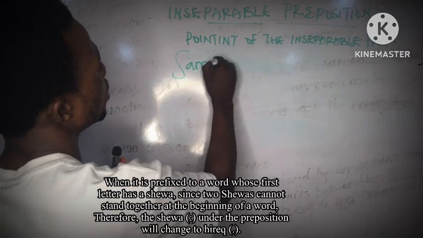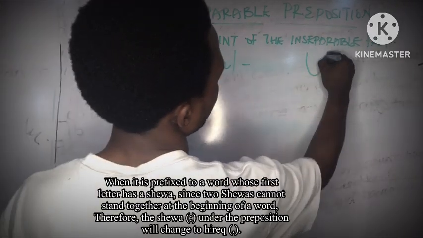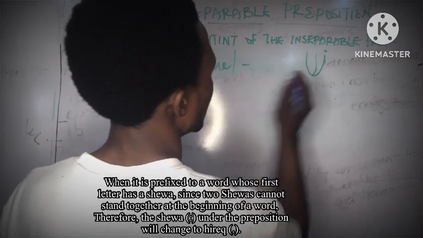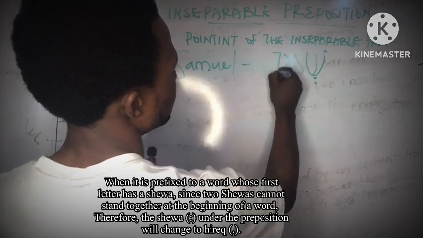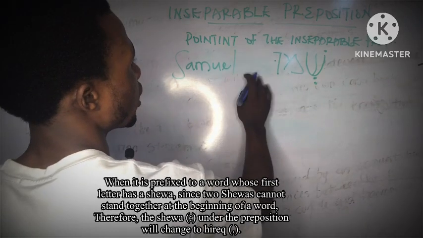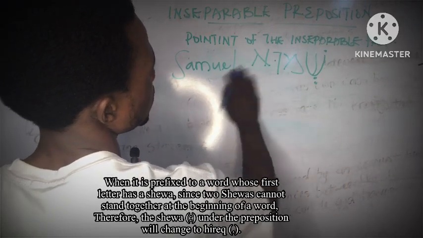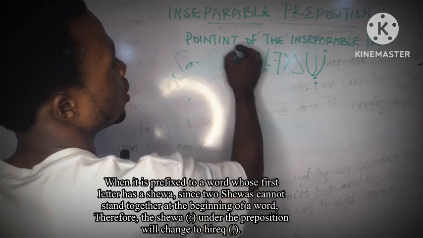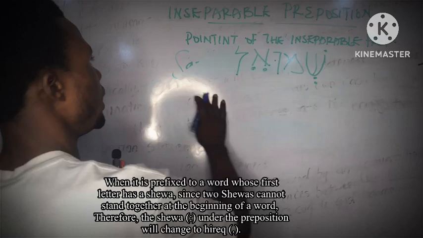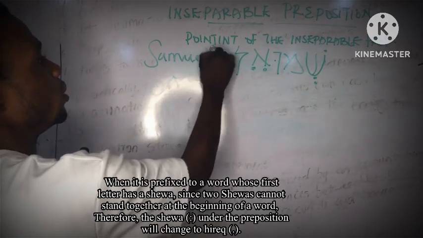We have Shin, we have Shewa, we have Mem, we have Shureq, we have Ayin, we have Tsere, and we have Lamed. This is Shemuel, which is Samuel.